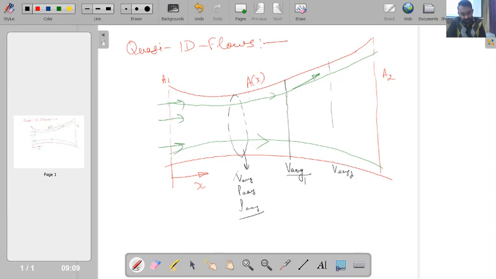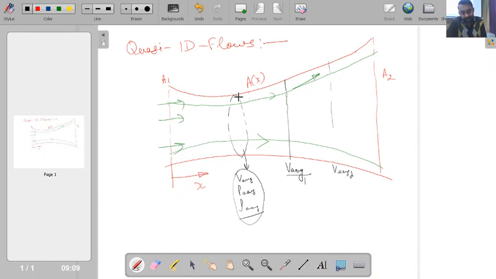If I consider these average properties, then my parameter has a unique value at any cross section, which is represented by this average number.